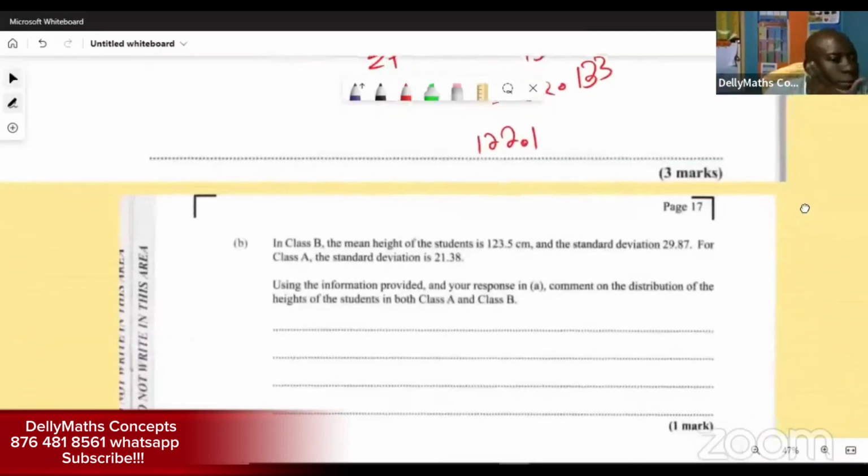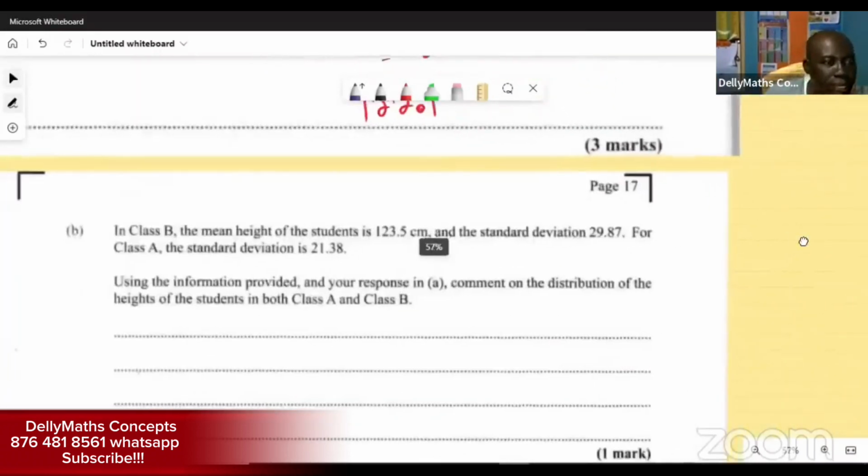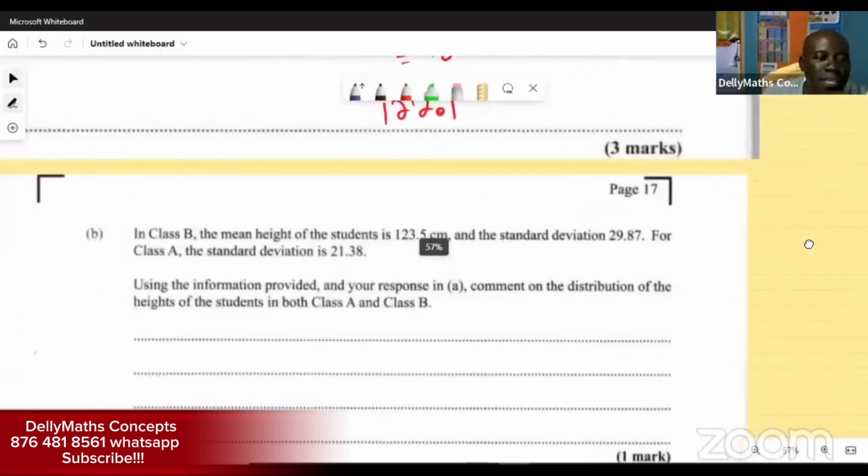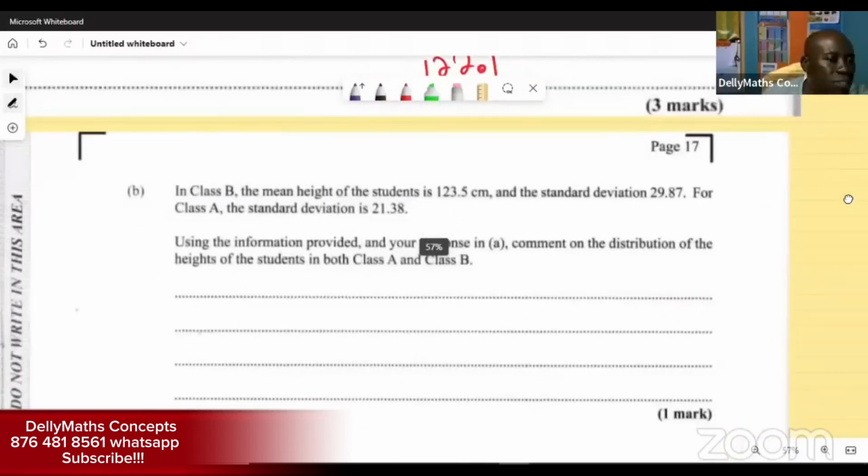All right. Next question says, in class B, the mean height of the students is 123.5 and the standard deviation is 29.87. For class A, the standard deviation is this.